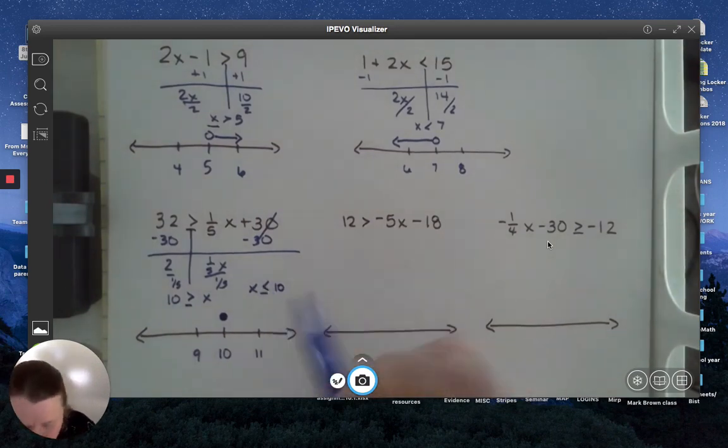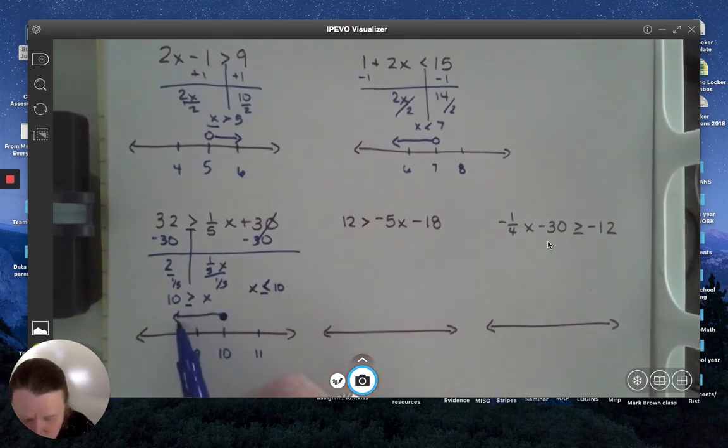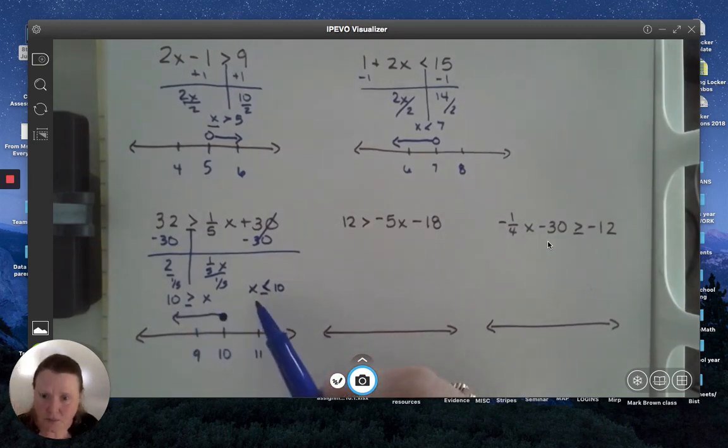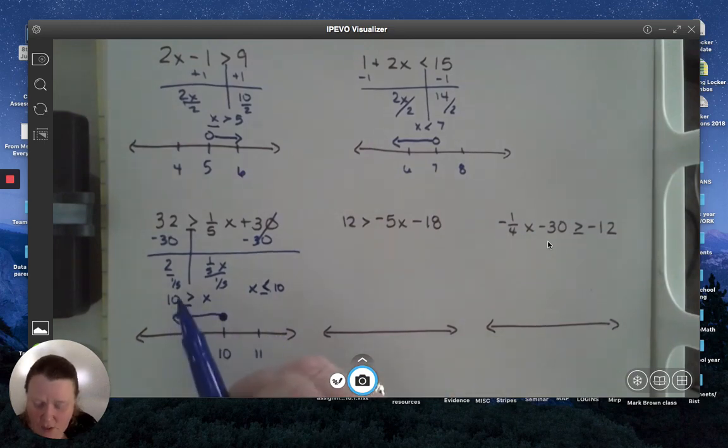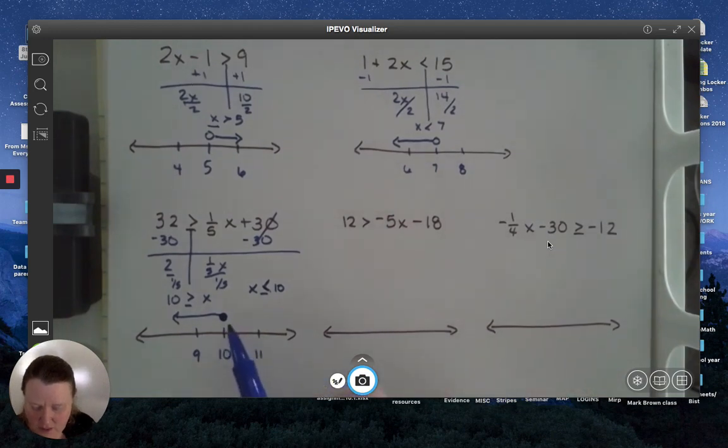So again, if I want to use the symbol to help me match up, I have to put the x first. Or I have to know that I want numbers that 10 is larger than, which would imply that I want the 10 to be the very largest and all the numbers to be on this side.